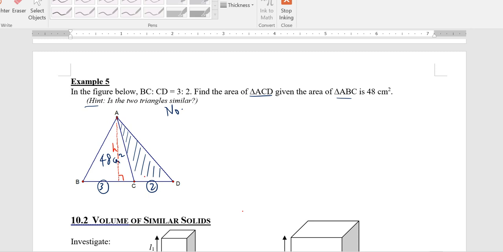So in this case, we can form an area ratio in this manner.